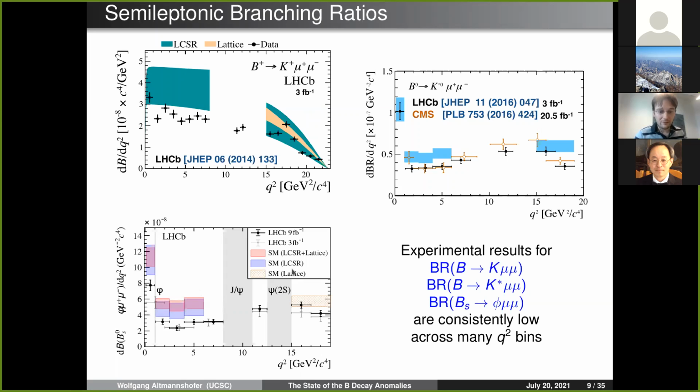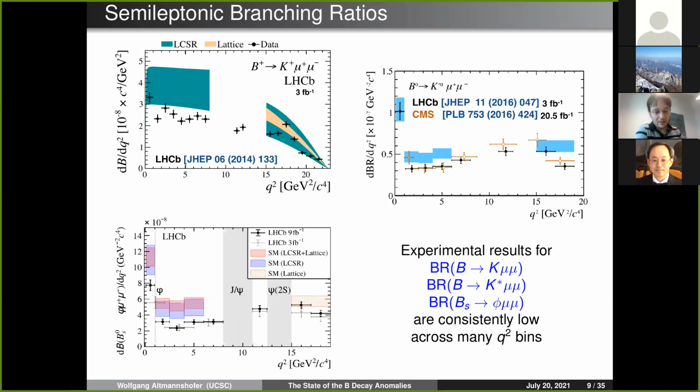If one only uses light-cone sum rule calculations to make a standard model prediction, one gets these blue boxes, while if one takes into account lattice determinations and light-cone sum rule calculations of form factors, then one gets these red boxes.